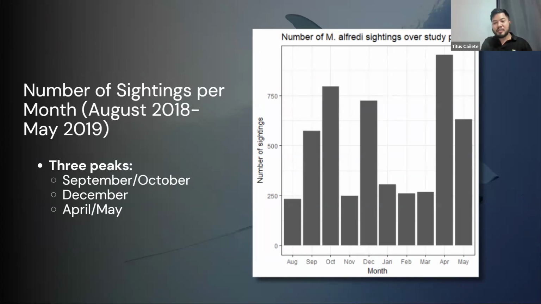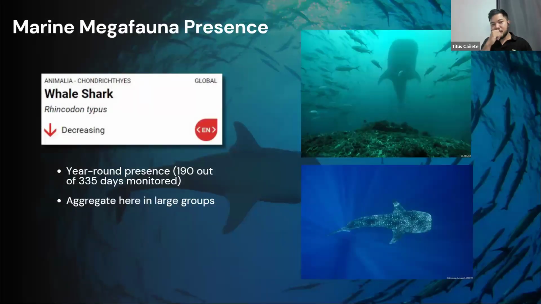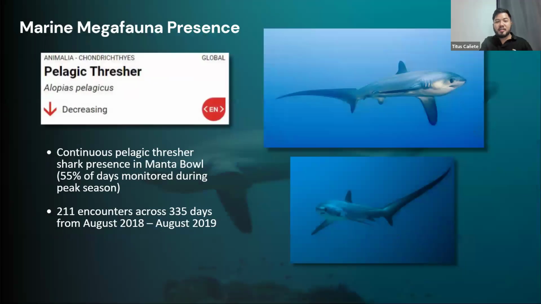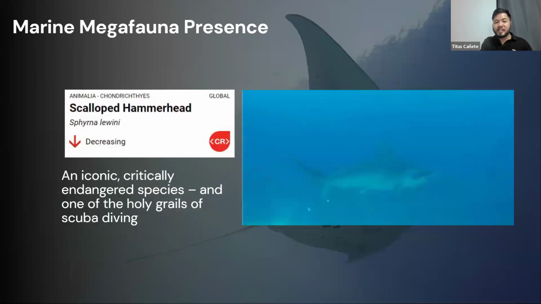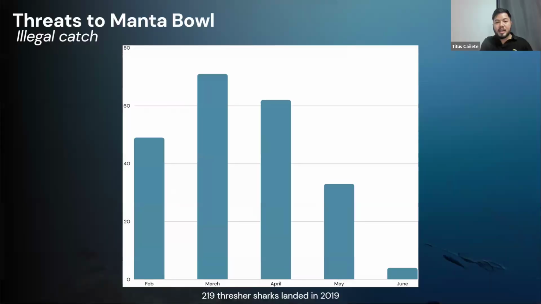But not only did we find out about manta behavior through the use of this technology, we've also found that there's other marine megafauna present within the area. These include whale sharks, endangered species such as pelagic thresher sharks, white tips, spotted eagle rays, and even critically endangered species like the scalloped hammerhead.